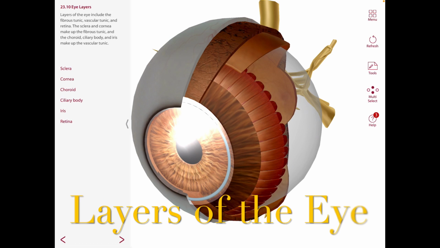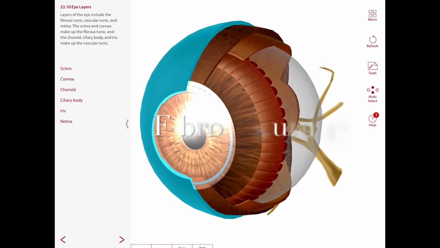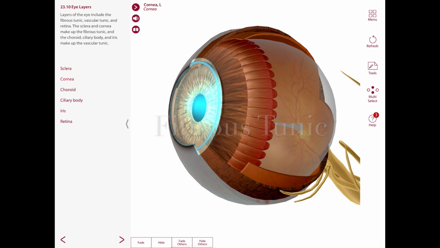The layers of the eye include the fibrous tunic, the vascular tunic, and the retina. In other words, the outermost layer, middle layer, and inner layer. So the sclera and the cornea are both part of the fibrous tunic or outermost layer.